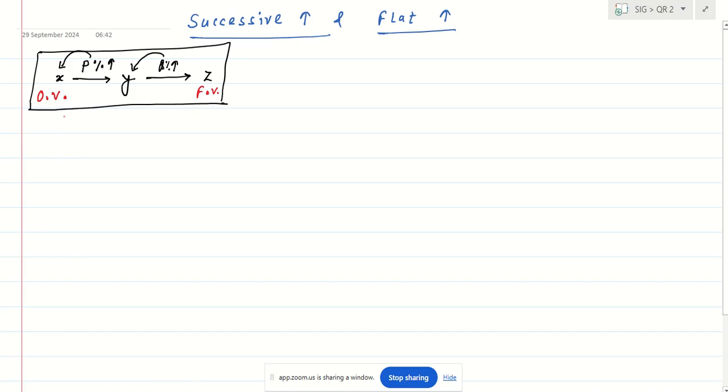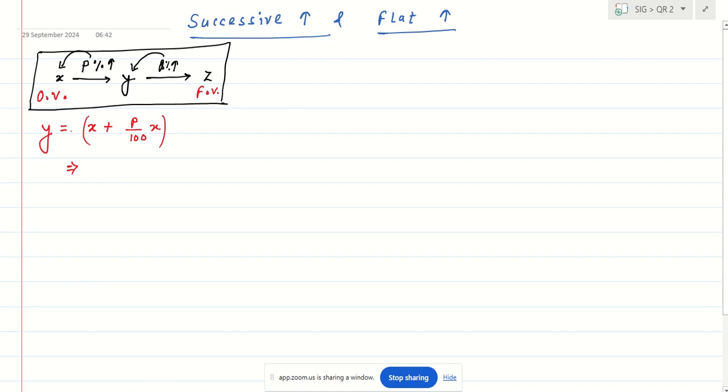Now, to find y, can I say y equals x plus p% of x? I am adding because it's an increment. If it's a decrement, you must subtract.